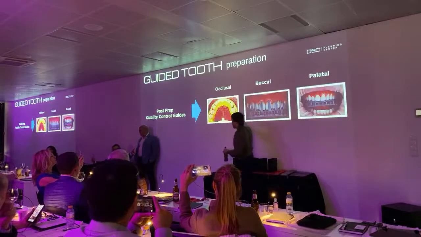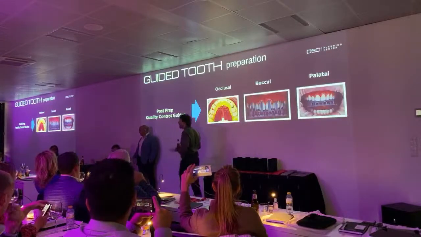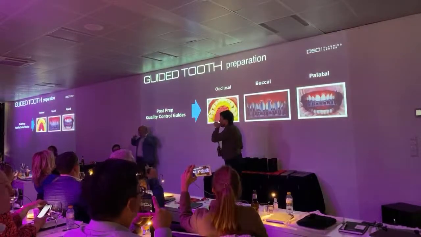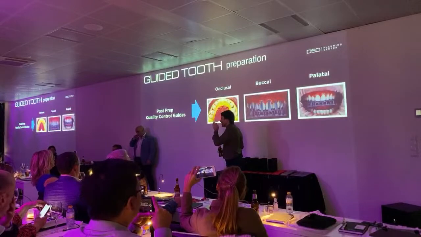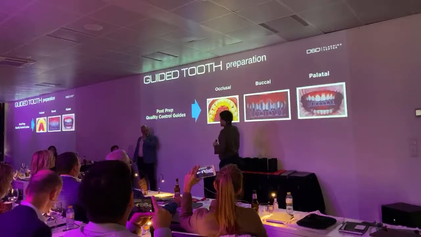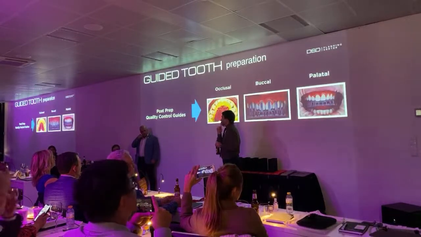You already prepped. Sometimes we need to design a lot of guides. The reduction guides are windows, okay? Windows. And then, because the technical mock-up will control reduction, buccal, incisal, but will not control the interproximal.